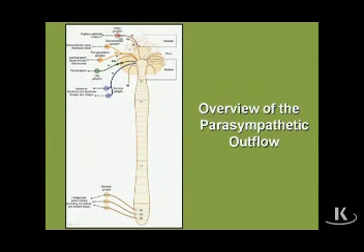The postganglionics, the ciliary ganglion takes care of 2 end organs, 2 smooth muscles in the eyeball, sphincter pupillae and ciliary muscle. Postganglionics of the otic ganglion take care of 1 salivary gland, the parotid gland. Postganglionics in the submandibular ganglion take care of 2 salivary glands, submandibular and sublingual gland.